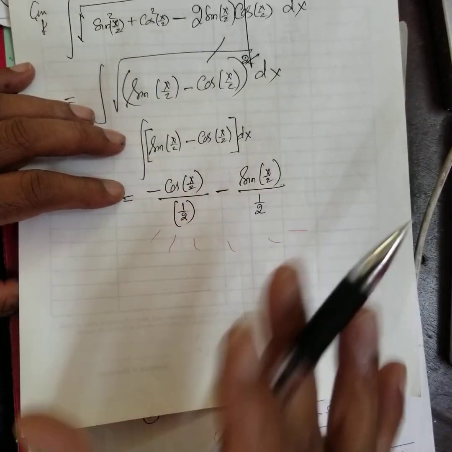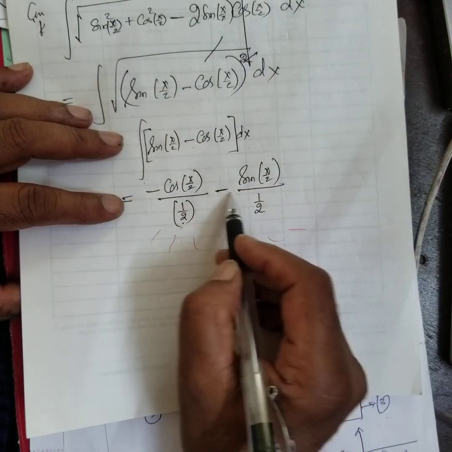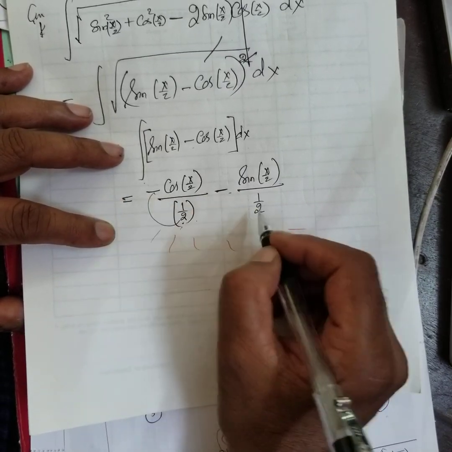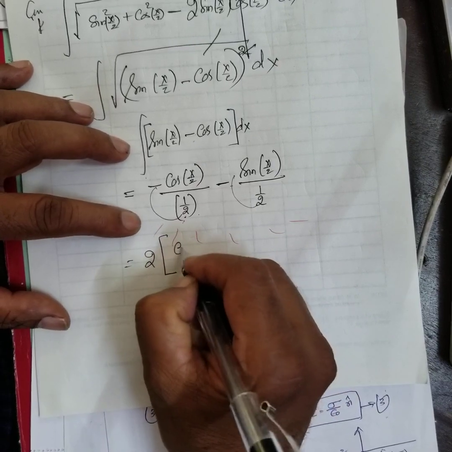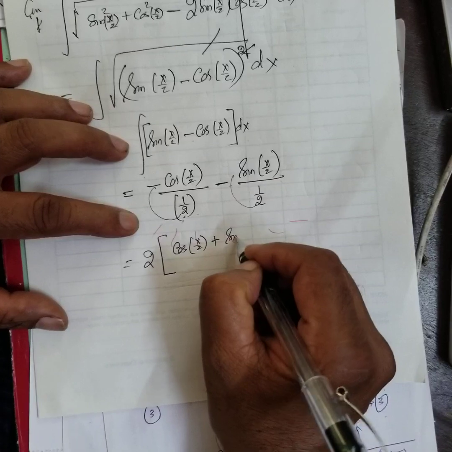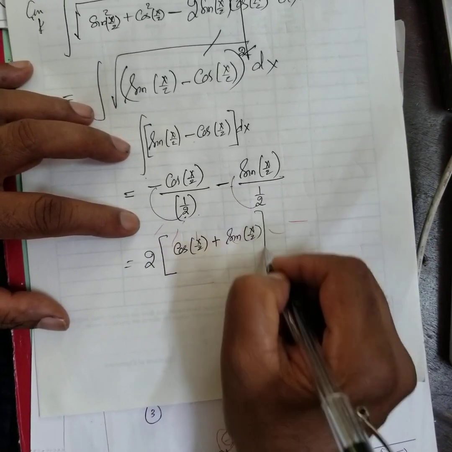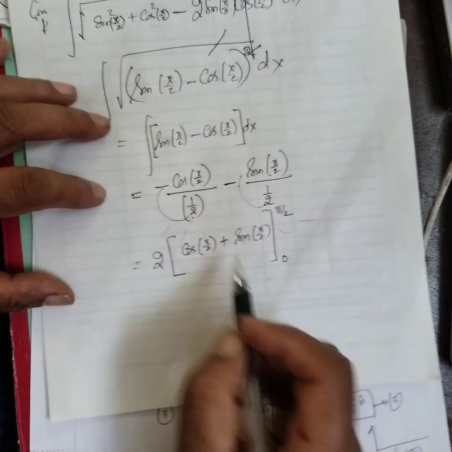Therefore, you must be thorough in what you are doing. This goes up, minus coming out. This goes up 2, this goes 2. Therefore, I am taking 2 as the common factor: 2 times (cos x by 2 plus sin x by 2), from 0 to pi by 2.